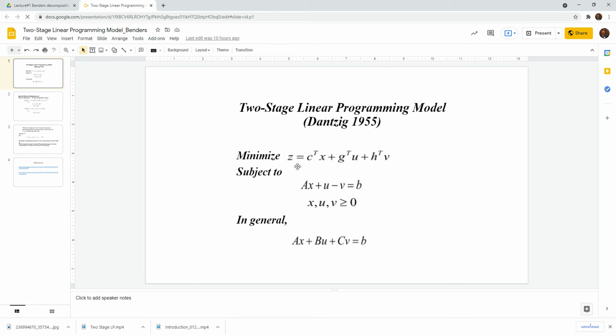It leads to an infinite number of alternatives for the coefficient of C transpose, which leads to an infinite number of objective function Z values.